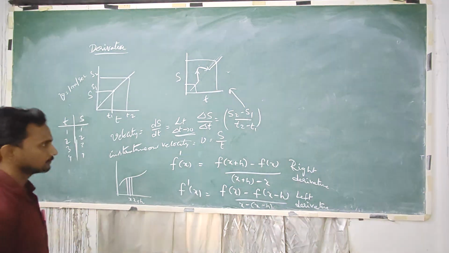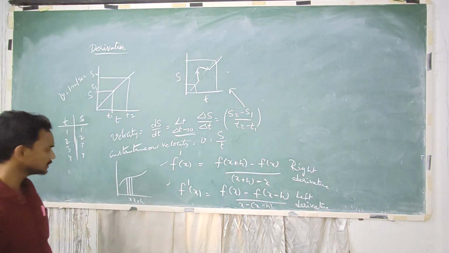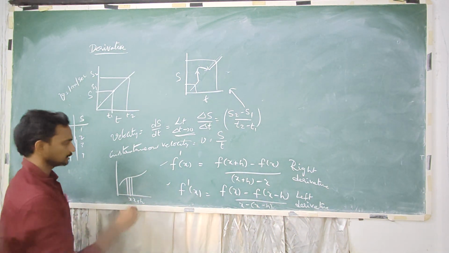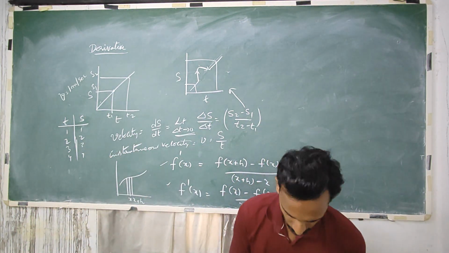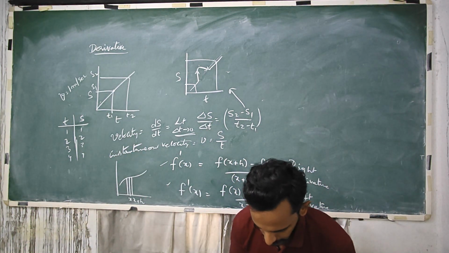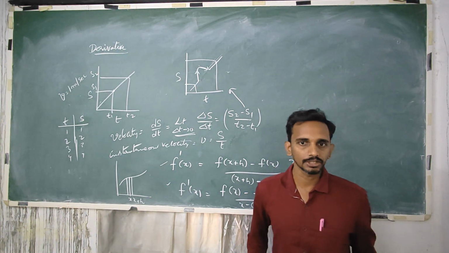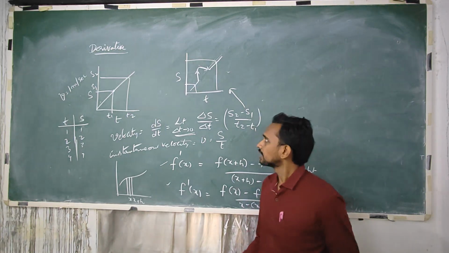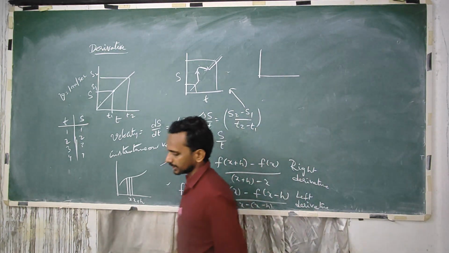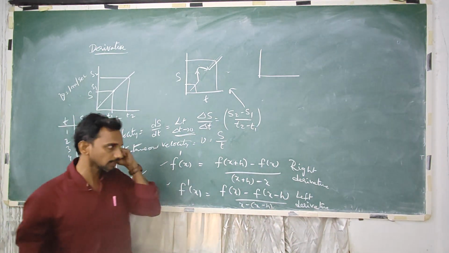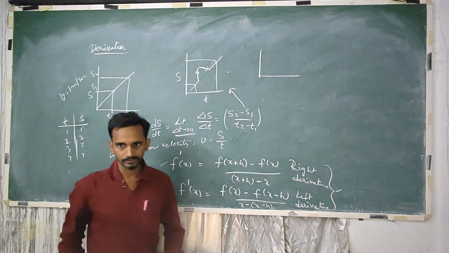These are the two definitions for defining derivative. One is on the right side, another is on the left side. At some point of time, especially when you come across quantum mechanics, the wave function is said to be continuous. Then only we'll be able to define certain quantities in quantum mechanics. So the definition of continuity is this: left derivative must be equal to right derivative.